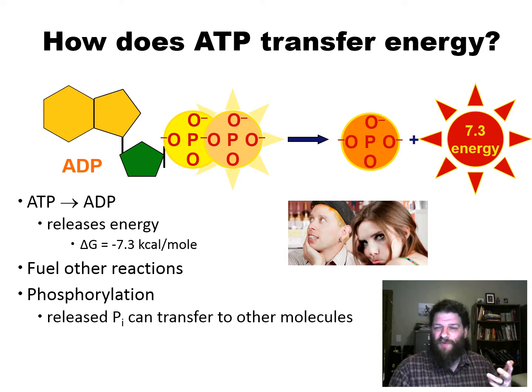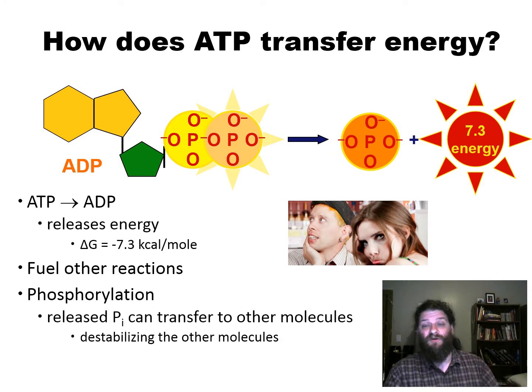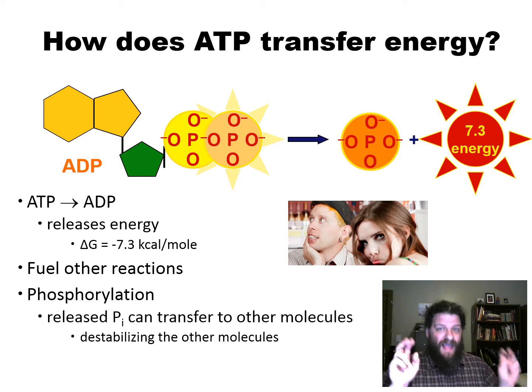And so when it bonds to the ADP molecule, making it ATP, it makes it kind of unstable, and it doesn't stay bonded very long, and it breaks off and goes on to another molecule. I can take that phosphate and add it somewhere else, and I can destabilize that molecule. And it's really this destabilization that is the energy that ATP is giving.